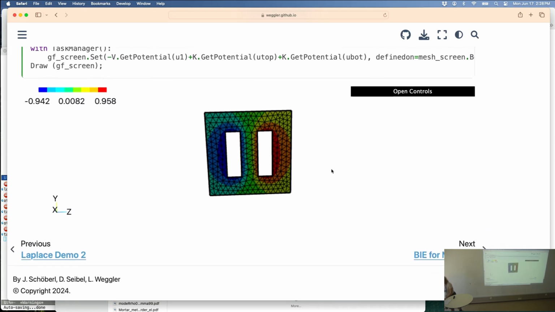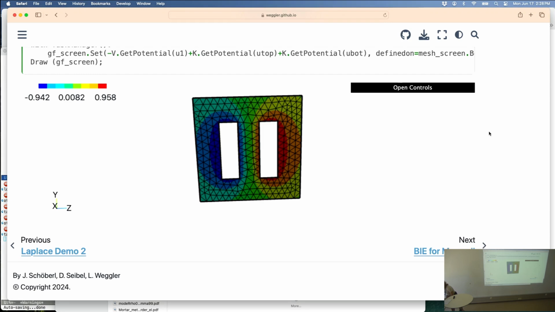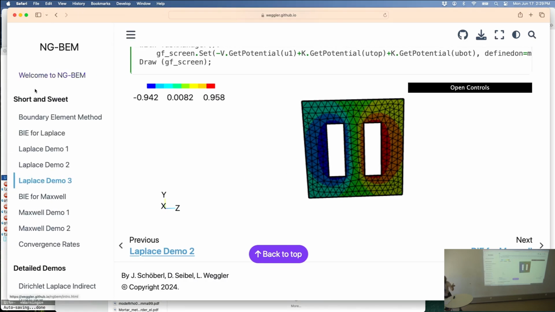I don't know, I can zoom. Everybody sees it? So if you have the capacitor and you take a plane and evaluate your solution on that plane, you get what we know as the electrostatic potential from a capacitor.